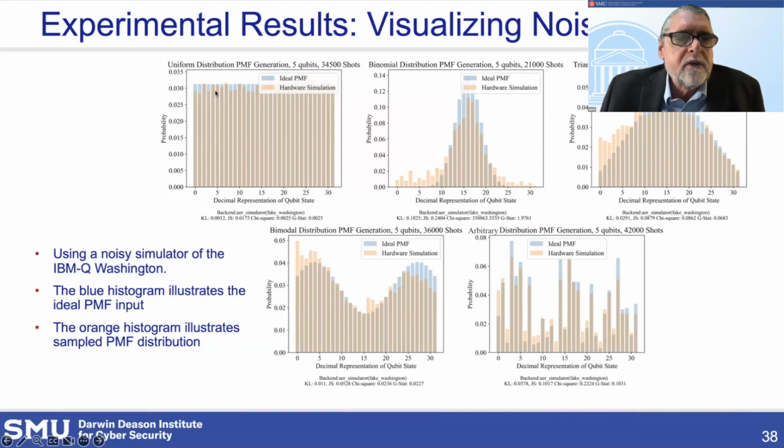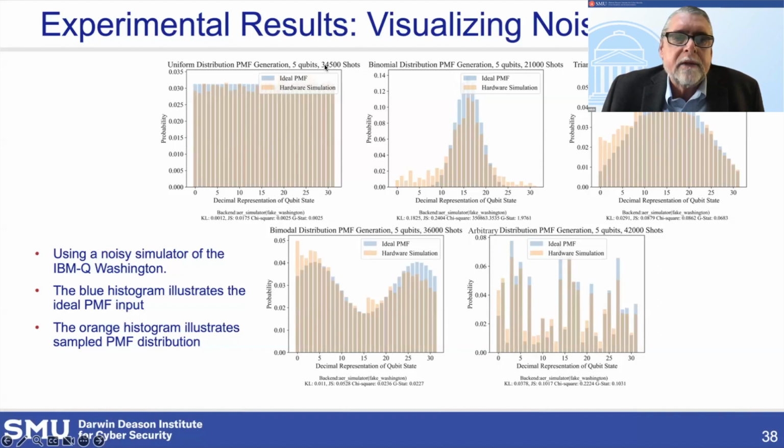So what you see here in the first example is the uniform distribution specified by blue, and you can see it's perfectly level here. And each value is normalized to 1/32 because we have 32 bins, 5 qubits.